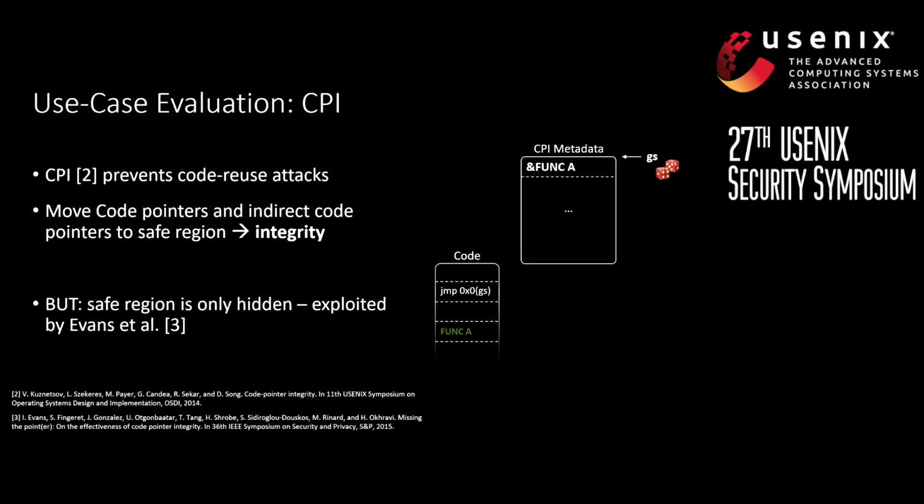And originally, this is hidden in the memory, and the base address is stored in a segment register that is otherwise unused. So you can guess that this randomization secret is probably secret. Nevertheless, Evans et al. showed that this might be broken based on low entropy. So we wanted to have a deterministic isolation for this.